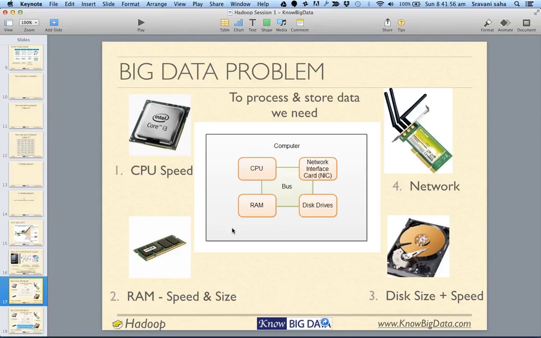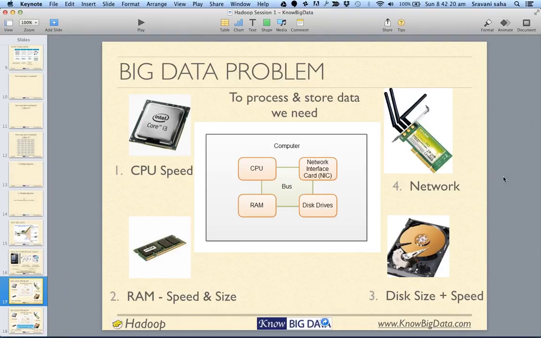First is CPU, second is RAM, third is disk, and fourth is network. So you have got CPU, RAM, disk, and network.